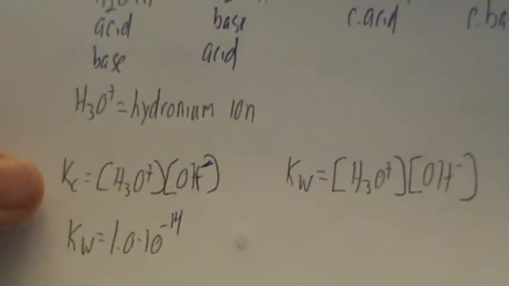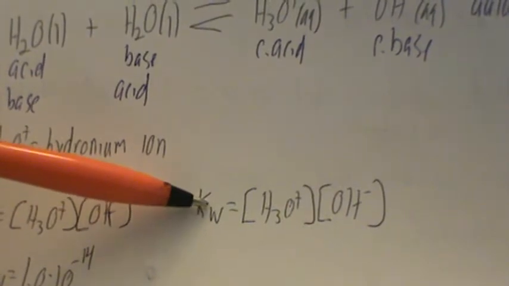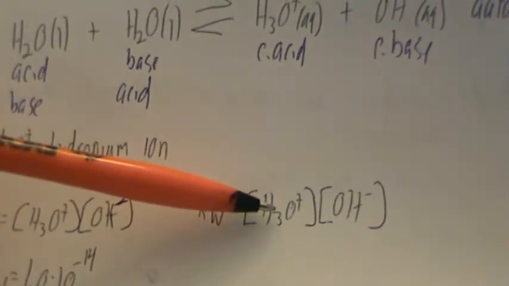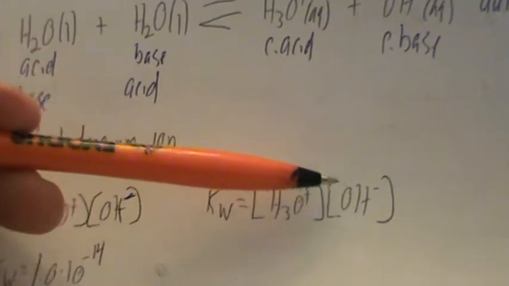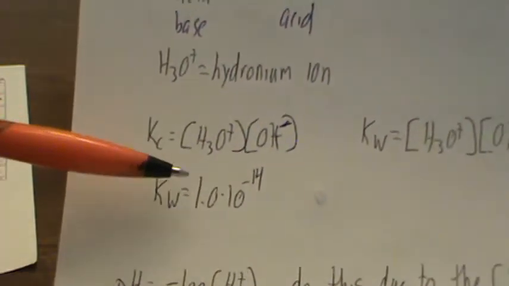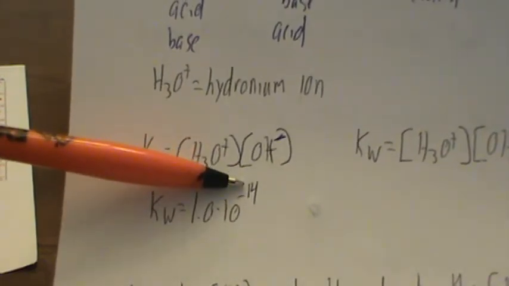Now, since this is specific for water, we can say that is the Kw. So the Kw, or the water constant, is equal to the hydronium ion concentration times the hydroxide ion concentration. Now this constant, same number all the time. It's going to be 1.0 times 10 to the negative 14th.